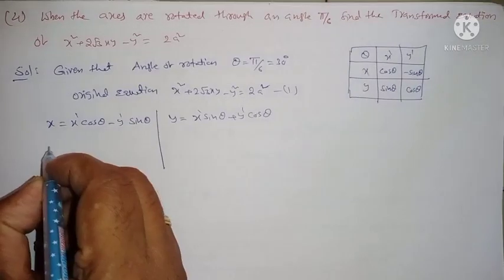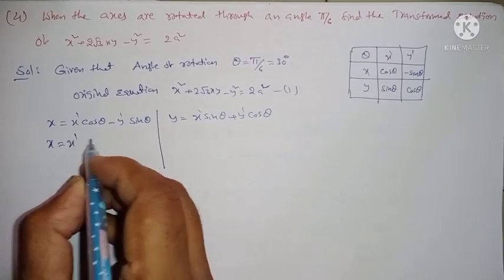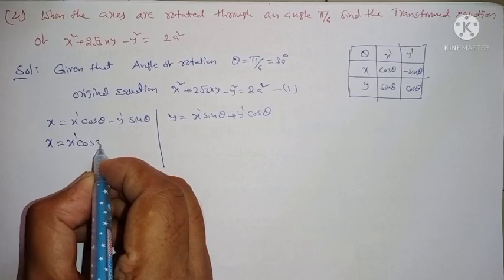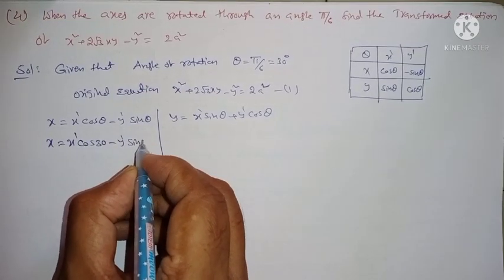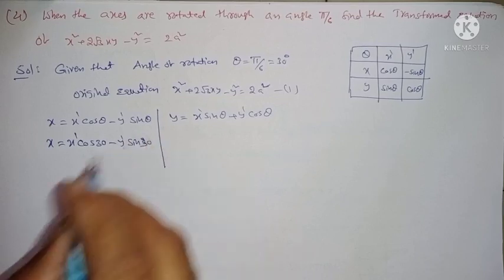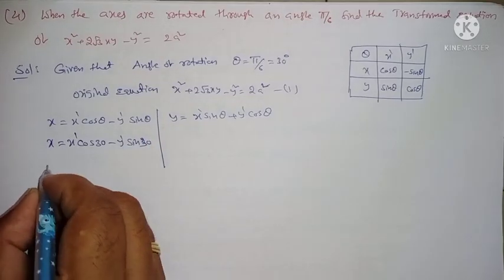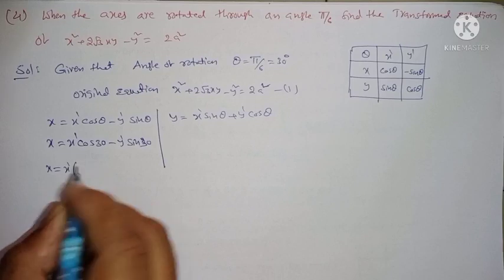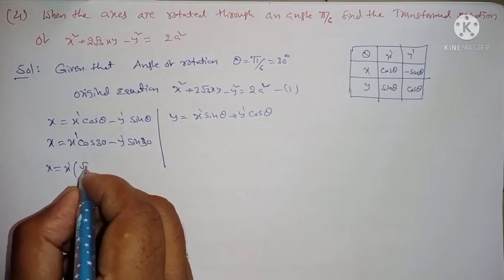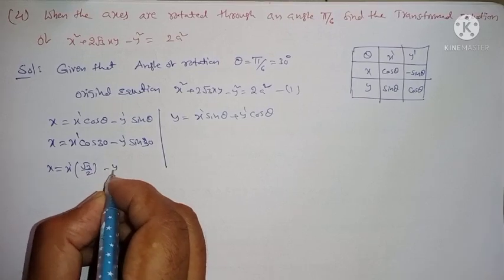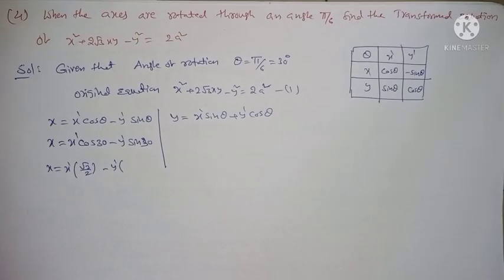Therefore x is equal to x dash cos 30 degrees minus y dash sin 30 degrees. Cos 30 is nothing but root 3 by 2, and sin 30 is how much, it is 1 by 2.